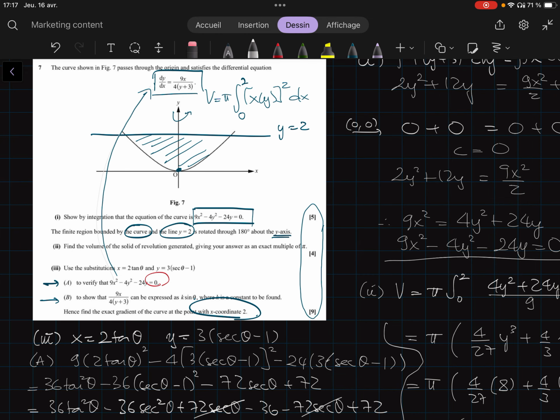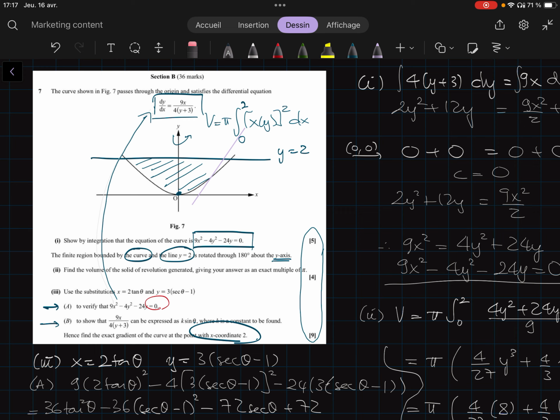What happens when x is equal to 2? When x is equal to 2, we could see that the gradient of a tangent is positive. That is a terrible tangent. But let's say you have something that looks like this. It's to the right of the curve, the derivative is positive.